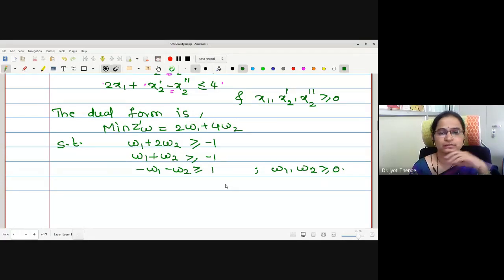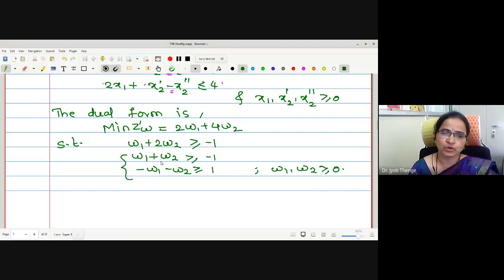And W1, W2 are surely non-negative. Now we observe the last two constraints. If I multiply the second constraint by a negative sign, it becomes W1 plus W2 less than or equal to minus 1, which is the same as the other inequality with the opposite sign.